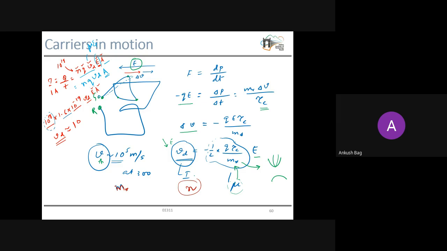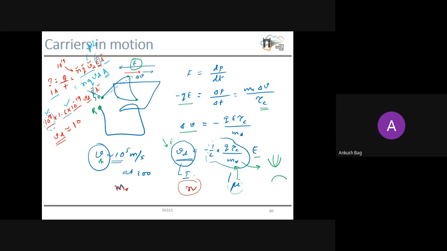So in that case also, if we consider 1 ampere of current flowing through our semiconductor, and we have 10 to the power 18 carriers, with the electronic charge being 10 to the power minus 19, once again E will not be here.